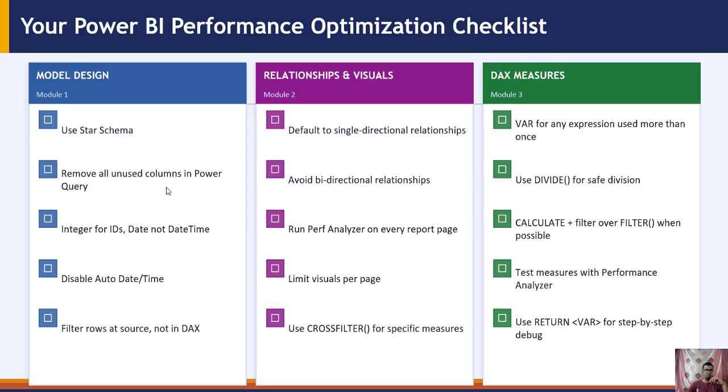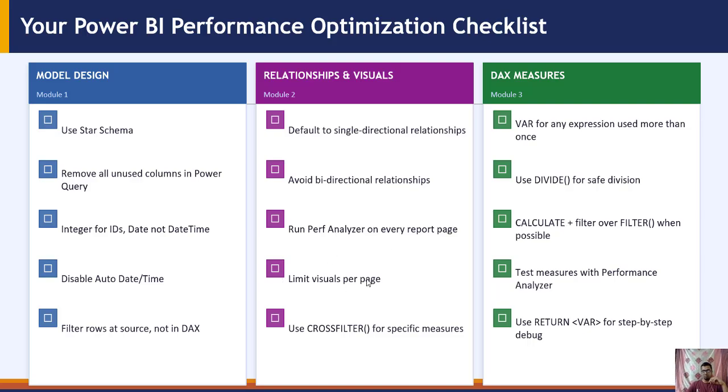For example: star schema, remove unused columns, integer for IDs, disable auto date/time, and filter rows at the source, not in Power Query. For relationships, as we have seen earlier, the default relationship should be single directional and bidirectional should be avoided. Run Performance Analyzer on every page to check the performance.